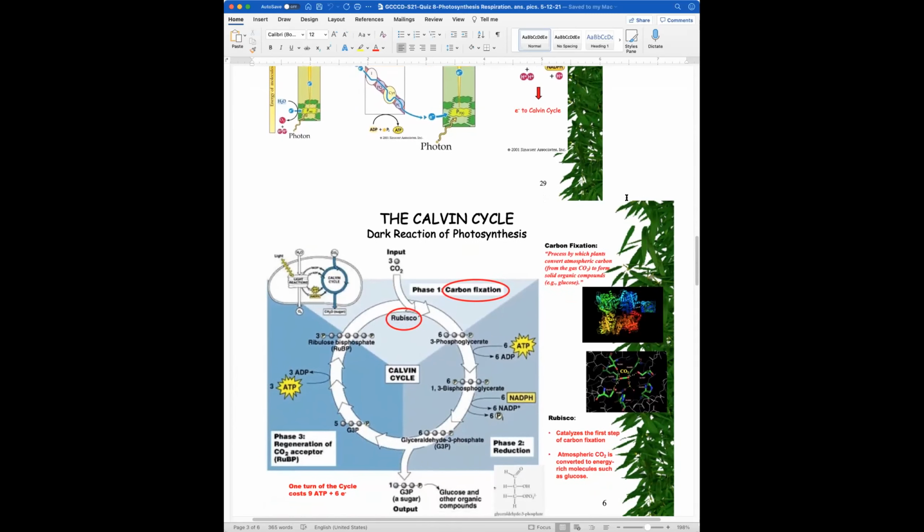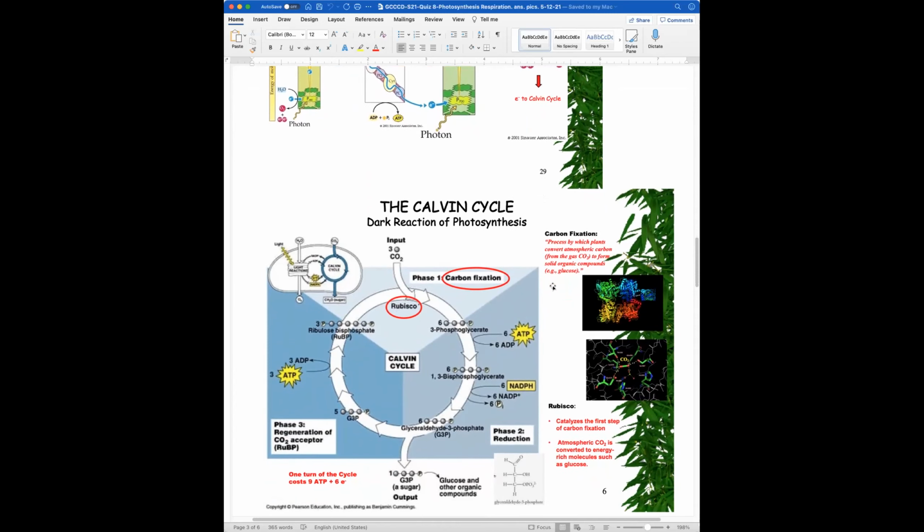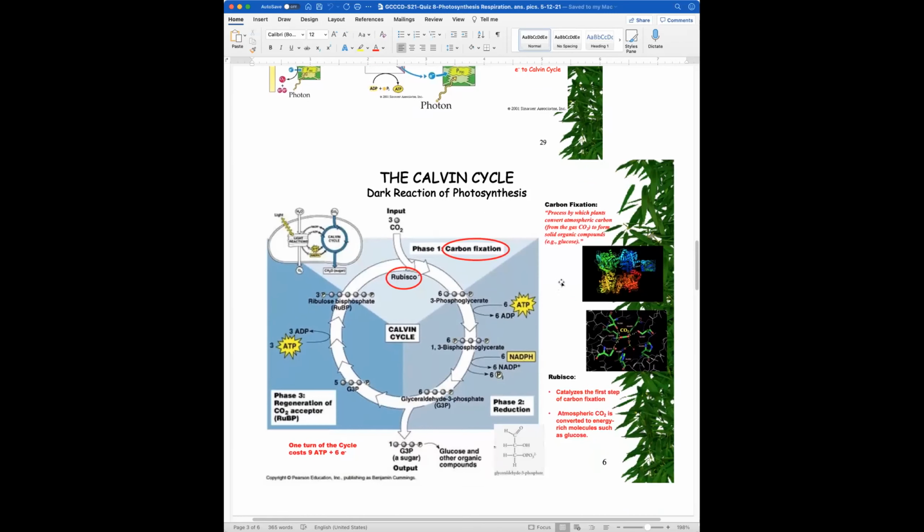And that is the main point of this slide on the Calvin cycle. This enzyme Rubisco fixes the gas carbon dioxide into a solid compound, usually glucose. And the output of the Calvin cycle is glucose and other organic compounds.